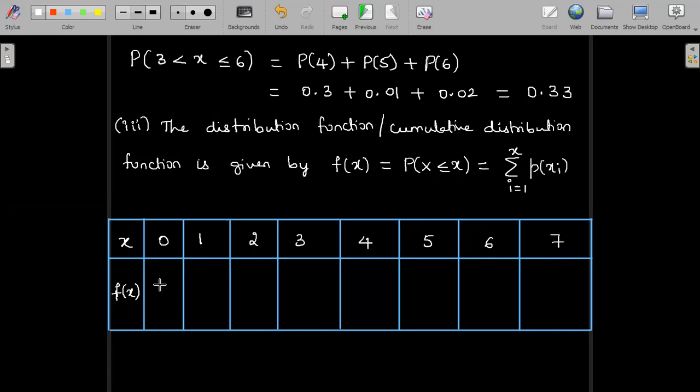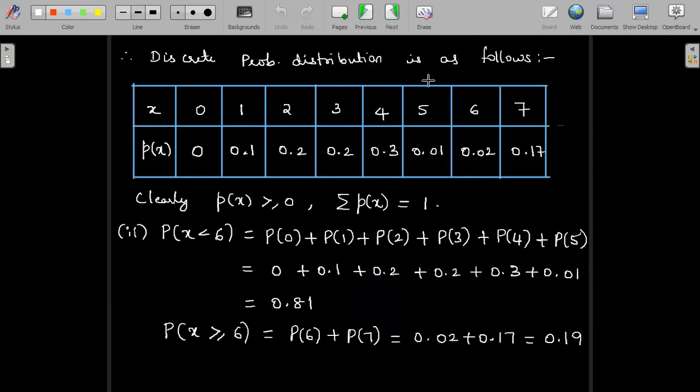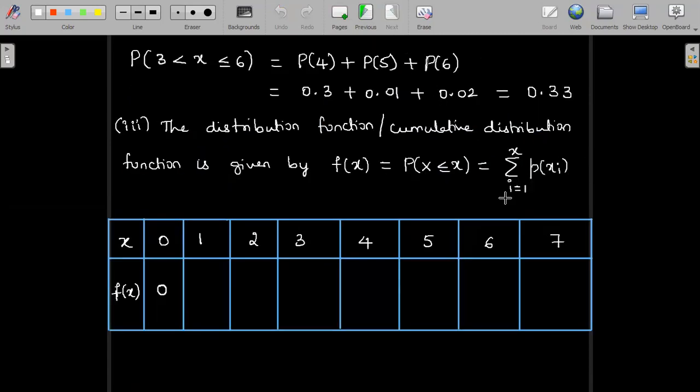So F of x, for the first value, remains equal to 0 itself. Now, this we are writing down looking into the previous table, the probability distribution table. So p of x or F of x is 0 for the first value as it is. For the next set of values, we have to sum up until i equal to 1 to x, the sum of all the probabilities, p of xi.